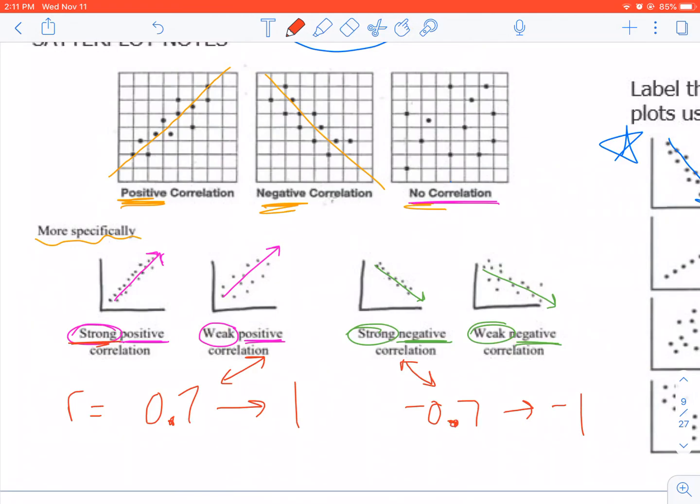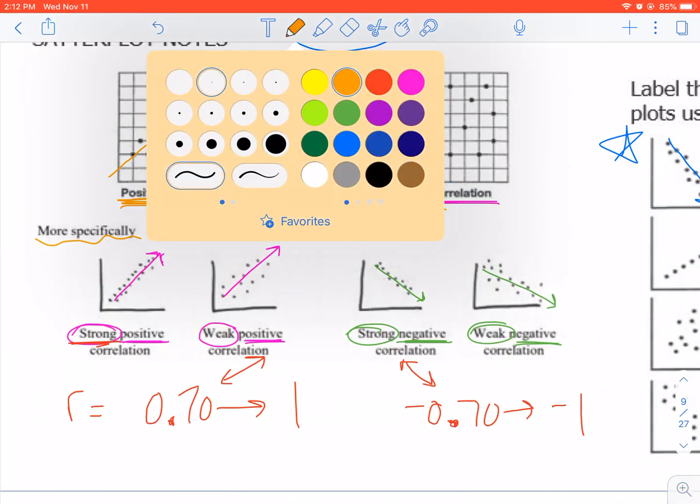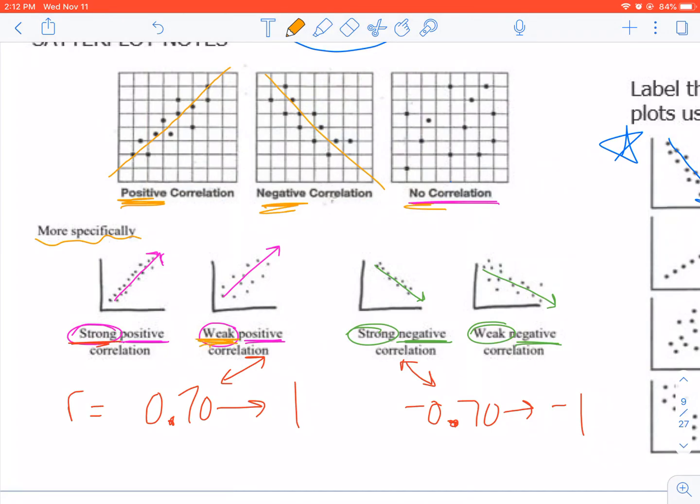And you can think in terms of money, changing that to like 70 cents. 70 cents is pretty close to $1. It's getting closer to $1 than it is having nothing. And then if we want weak numbers, your weak numbers are going to have R values that are very weak, further away from 1, closer to 0.